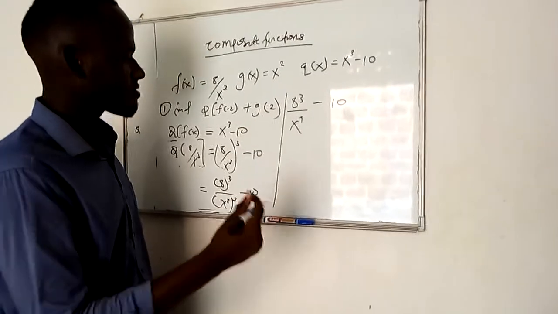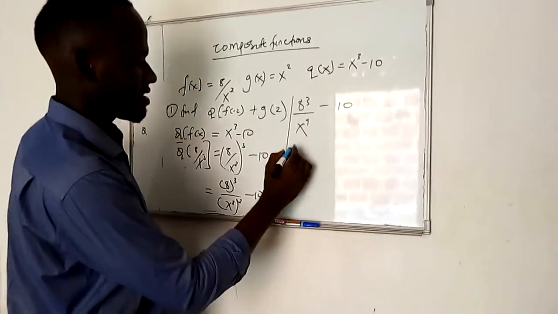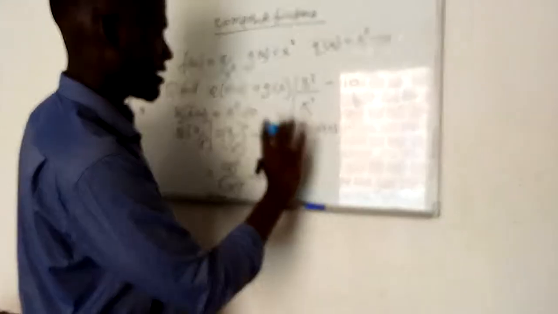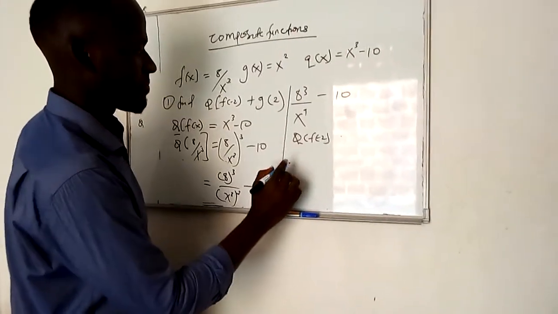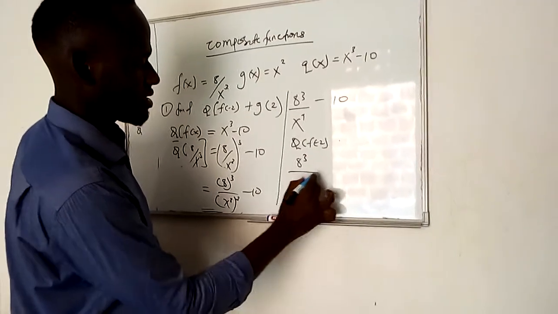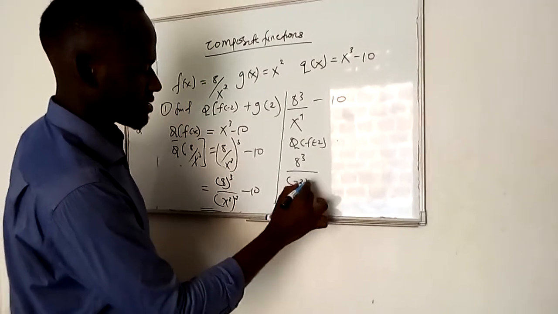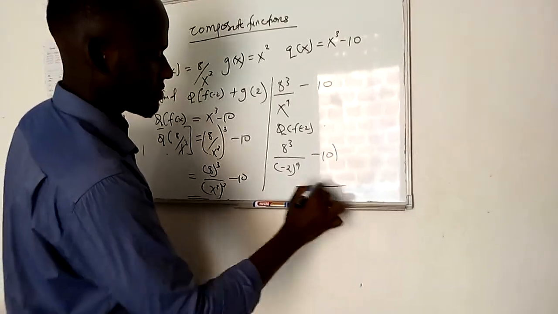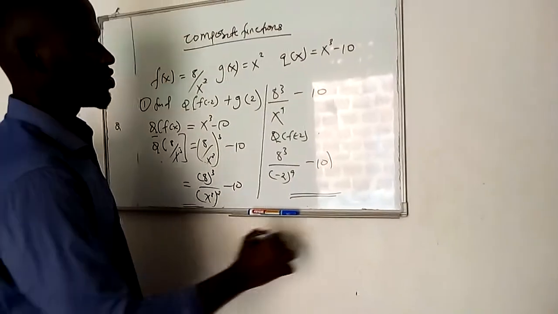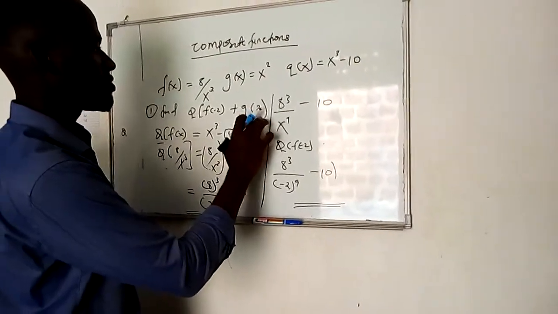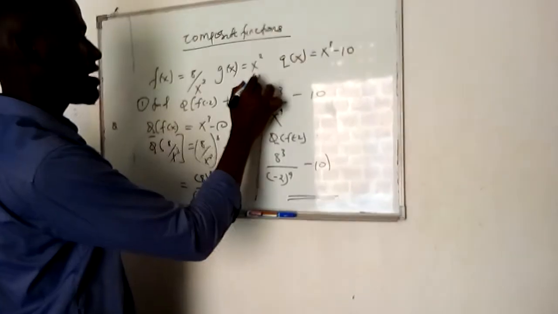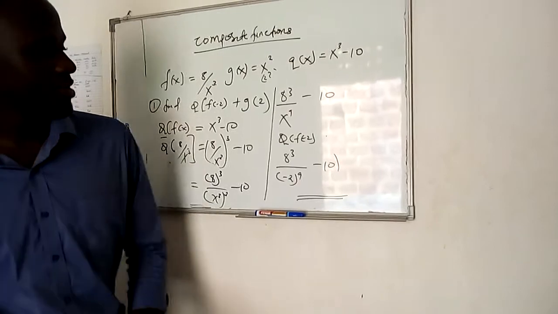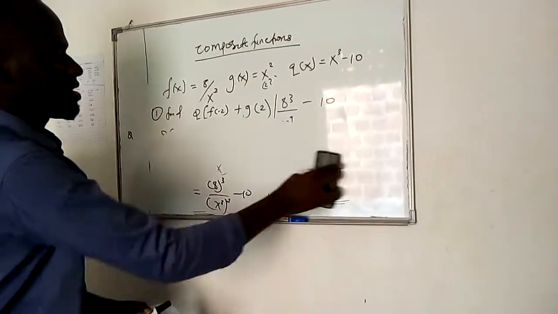You have to calculate that. Now we are on f of negative 2: you find 8 cubed, then minus 2 to the power 9, then minus 10, and you get the value. After getting the value, you add the value of g of 2, where you put 2 here and square it, then you add the answer there. That is how it is done.